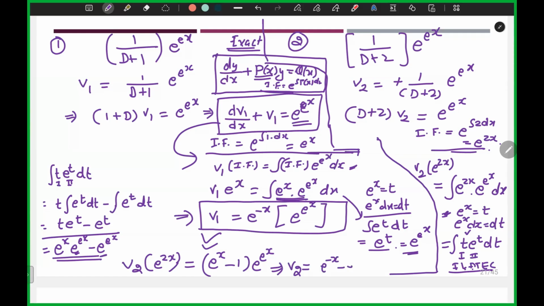It is minus (e^x minus 1) e^(-2x) e^(e^x). So v2 is this, and what is v1? v1 is this, v2 is this. So till now, how we find v1 and how we find v2, is that clear to all of you?